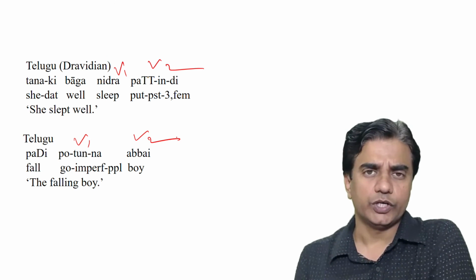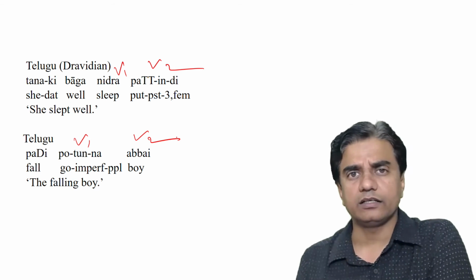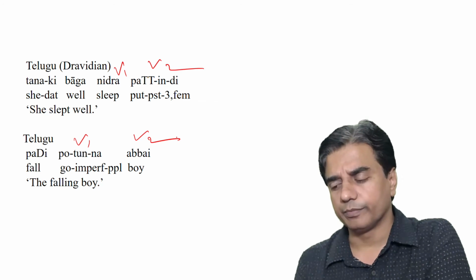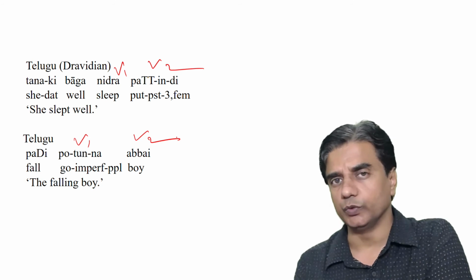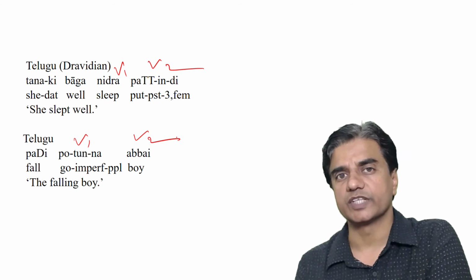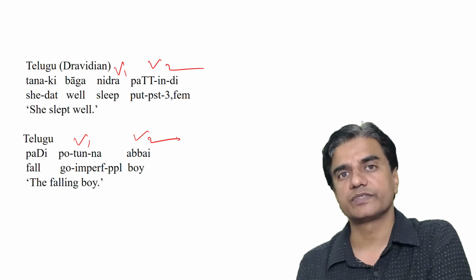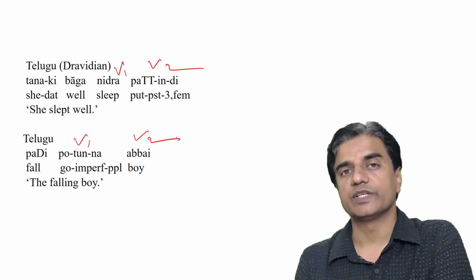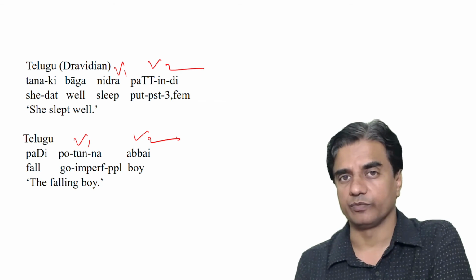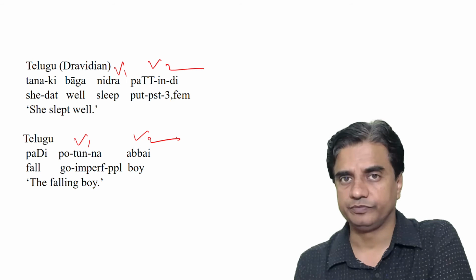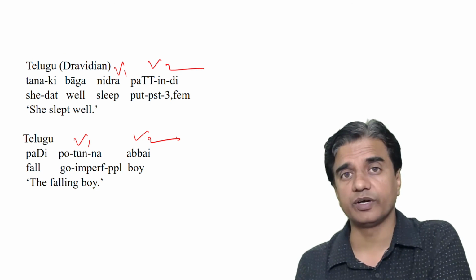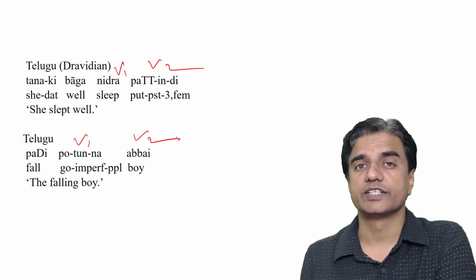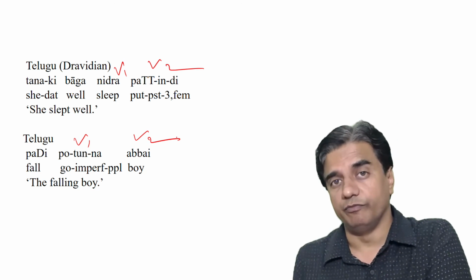Now, to conclude, what we see is that complex predicate is a cover term used for both compound verbs and conjunct verbs. Compound verbs are a sequence of two verbs where we have V1 and V2. V1 is also known as the main verb and V2 is known as the vector verb.